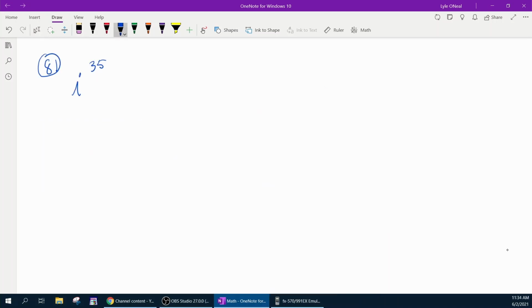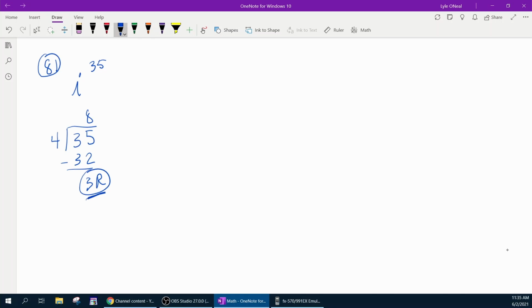All right, so our next example, number 81, here we want to simplify i to the 35th power. And so the way we simplify higher powers of i is we're going to take the exponent and divide by 4. You always divide by 4. 4 goes into 35 8 times. 4 times 8 is 32 with a remainder of 3.